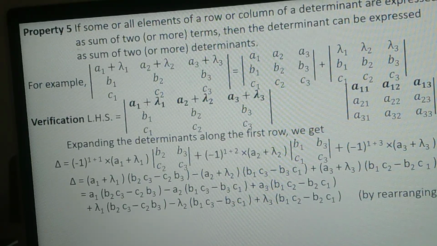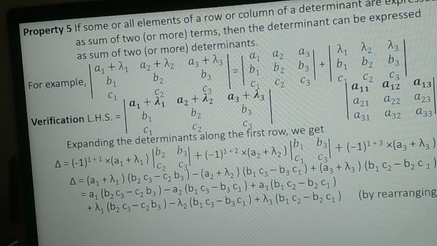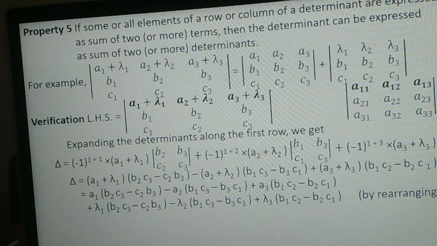By rearranging the terms, this is equal to a1 into b2 c3 minus c2 b3, minus a2 into b1 c3 minus b3 c1, plus a3 into b1 c2 minus b2 c1, plus lambda 1 into b2 c3 minus c2 b3, minus lambda 2 into b1 c3 minus b3 c1, plus lambda 3 into b1 c2 minus b2 c1.